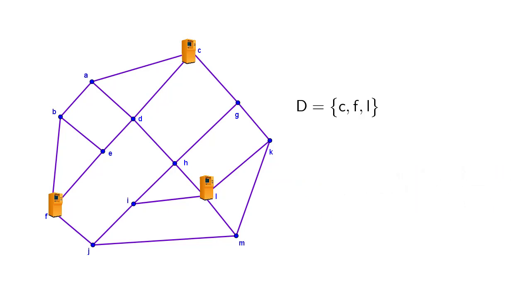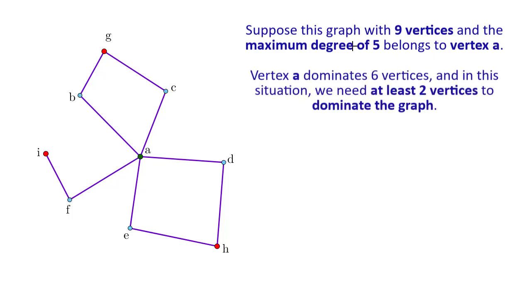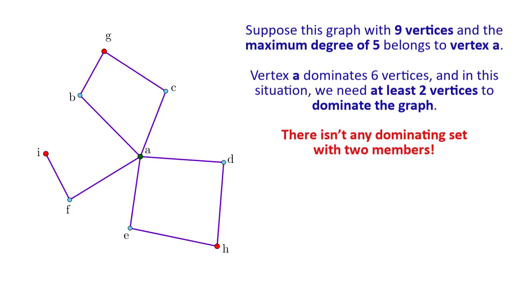As another example of a dominating set in graphs, suppose this graph with 9 vertices and a maximum degree of 5 belongs to vertex A. So A dominates 6 vertices, and in this situation we need at least 2 vertices to dominate the graph. By checking the graph, we realize that there isn't any dominating set with 2 members.